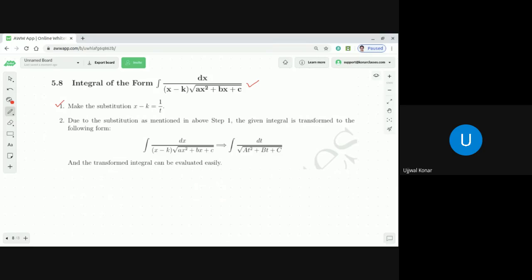Now, if you make that substitution, you will find the given integration is transformed to this form: integration dt by square root of capital A t square plus capital B t plus capital C, where capital A, capital B, capital C are other real values you can compute based on this substitution.